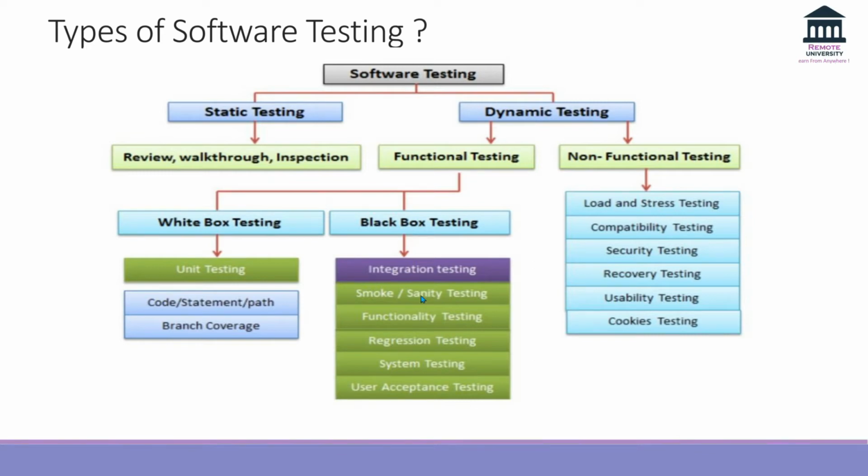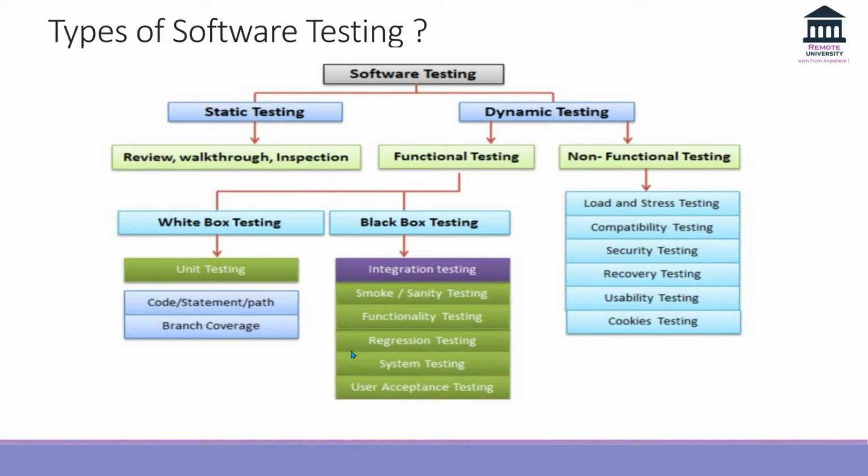For now, we can see the different types of black box testing which are performed in the application or software development lifecycle. Some of them are listed here: integration testing, smoke or sanity testing, functionality testing, regression testing, system testing, user acceptance testing or UAT.